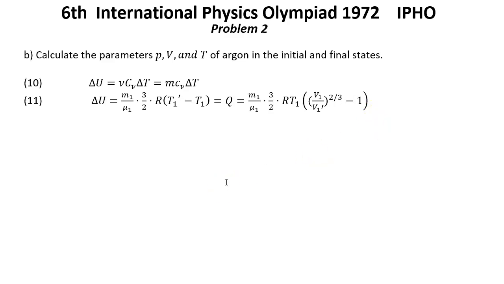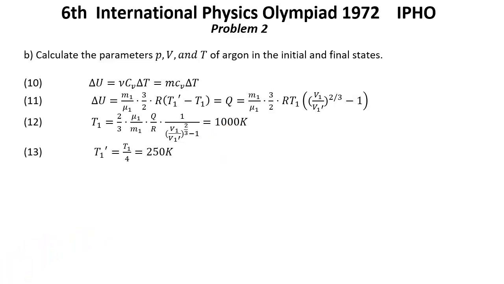From equation 11 we have T1 equal this expression, which is 1000 Kelvin, so it means that T1 prime equal T1/4, which is 250 Kelvin.